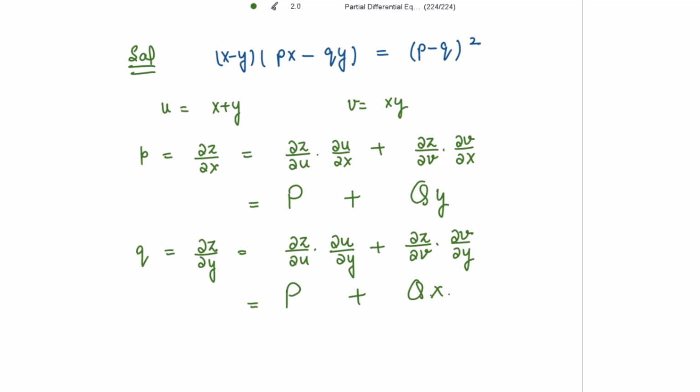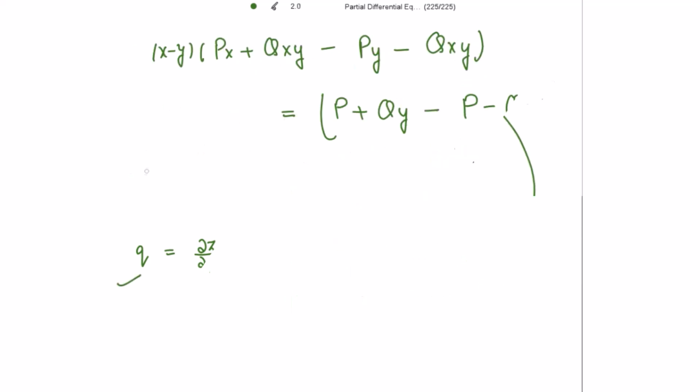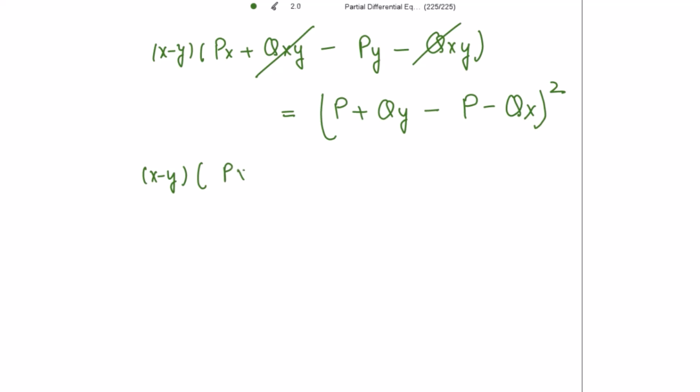Let me substitute the value of p and q now in this given equation. So this is x minus y, this is cancelled out. We have here px minus py equals to, this p cancelled out with this, and we have q into y minus q into x whole square.